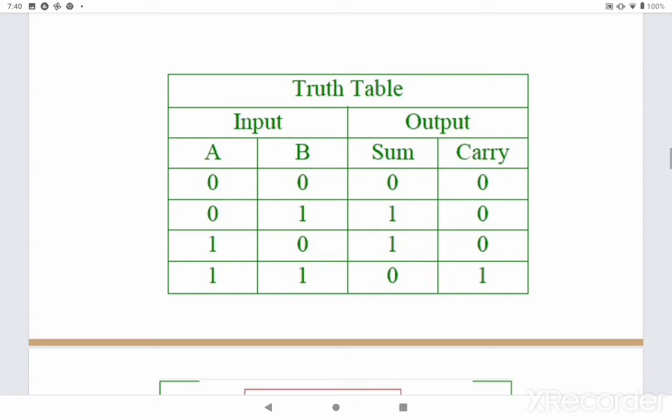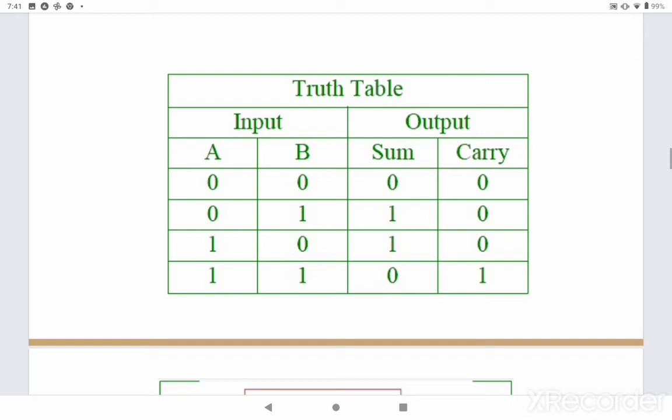Simply it will be 0 for sum and carry. Coming to the next part, if A is equal to 0, B is equal to 1, then it will add 0 plus 1. Then our sum will be 1 here. And we don't have any other value, so the carry will be 0 here.